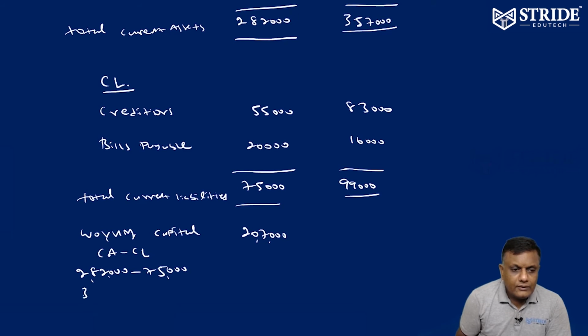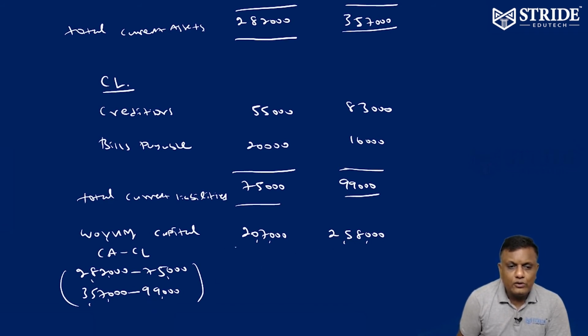Next, similarly, 3,57,000 minus 99,000 is 2,58,000.